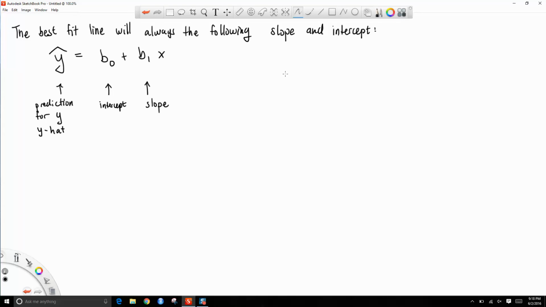Yes, question? There's a typo? The best fit line will always have the following slope and intercept. Well, I'm missing a word. Okay, thanks.